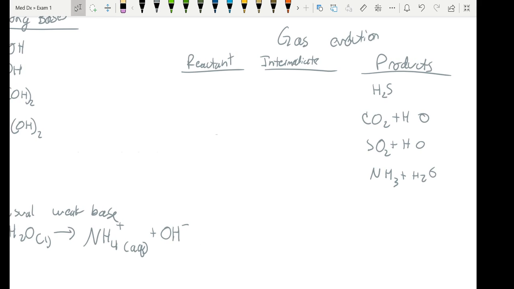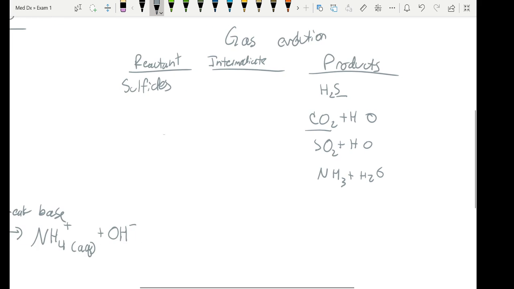The reactant is going to be, you've got an S here, so you know that this is going to be your sulfides. Carbonate and bicarb, of course, you get the CO2. Then you've got the sulfites, because SO2 here is going to be sulfite, and bisulfites. And then you get your ammonia.